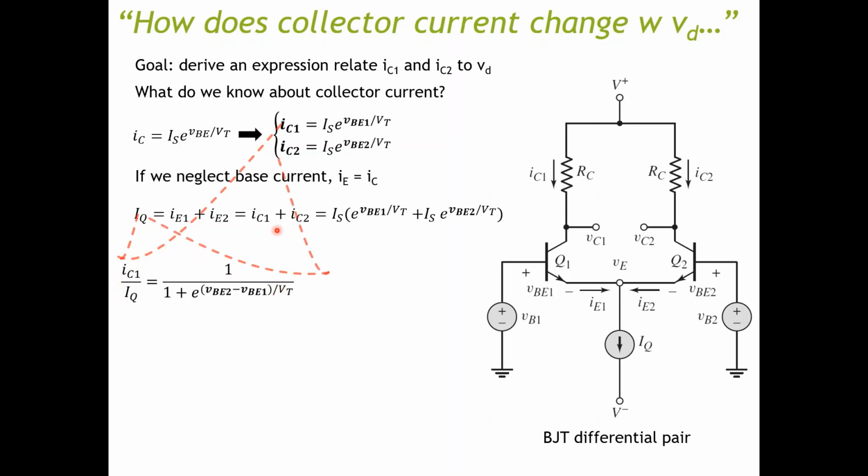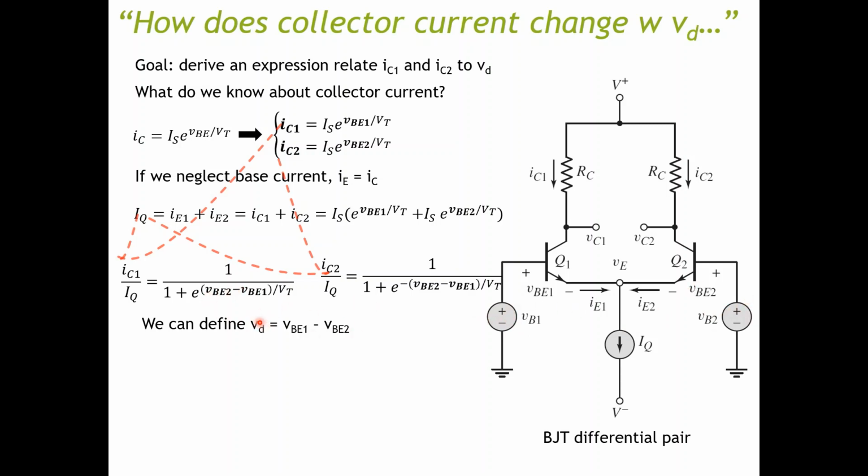Now I will do the same thing for IC2. So I divide IC2 by IQ. I simplify all the terms, I have this. Now I can also define that VD equals VBE1 minus VBE2. Some of you may ask, why so? As the main difference between these two voltages is actually introduced by the difference between the two input voltages.